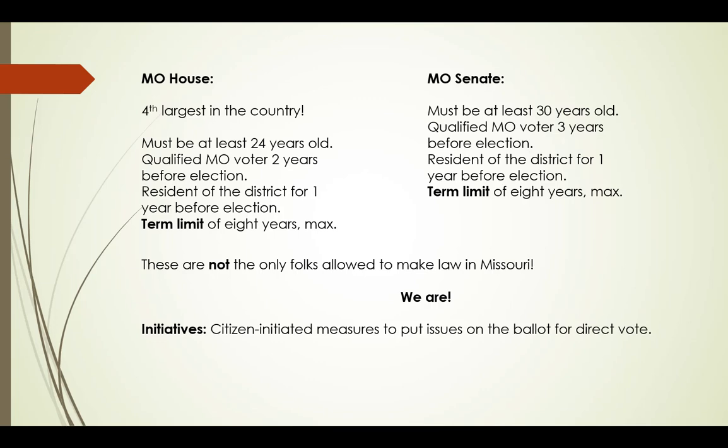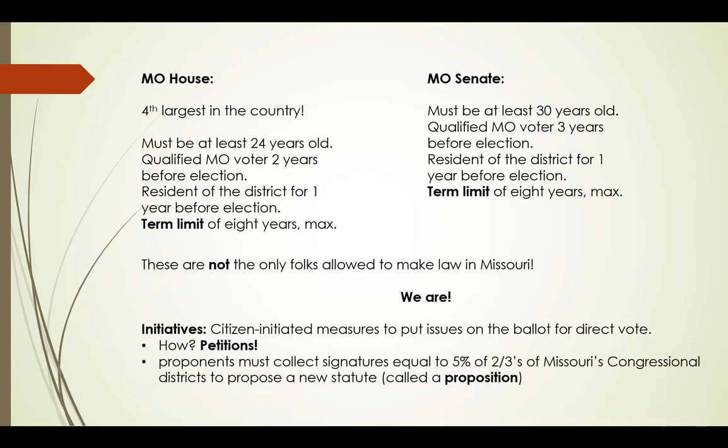So if we say to ourselves, should Missouri be a right-to-work state or not? And we'll talk about that term later this semester. We will start a petition. We'll get enough people to sign that petition. And to get enough people, what that means is you got to get 5% of Missouri's population in 2/3 of its congressional districts if you want to propose a new law.